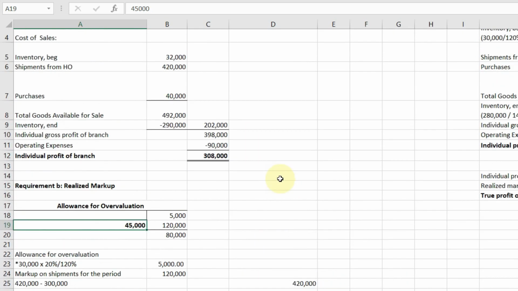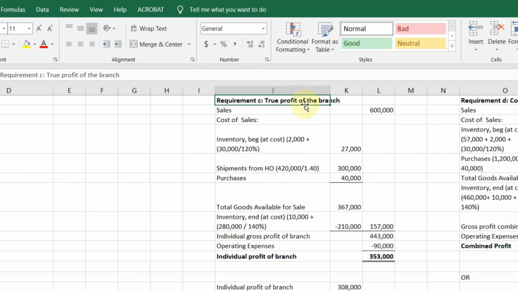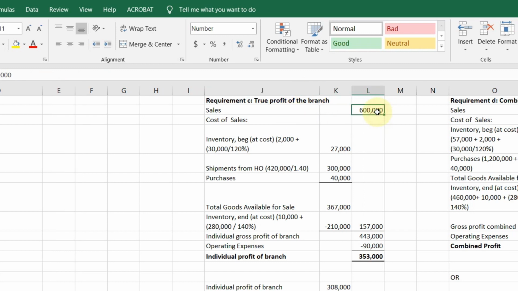Next, you have letter C. Letter C is for the true profit of the branch. You have sales, 600,000. Cost of sales, at cost dapat. Okay, so you have to remove the markup from HO, and then you add the from outside purchases.